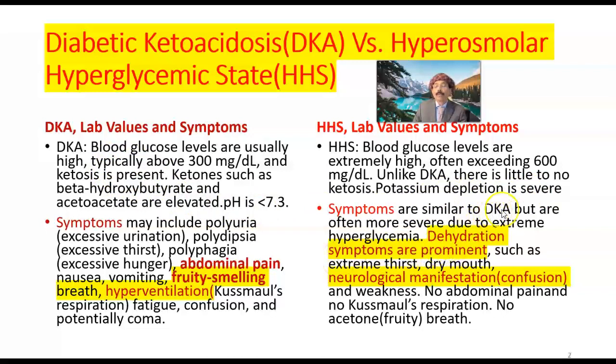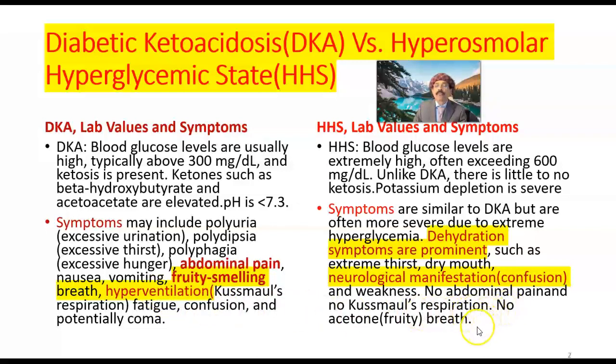Symptoms are similar to diabetic ketoacidosis, like polyuria, polydipsia, polyphagia due to extreme hyperglycemia, but we must emphasize that dehydration symptoms are prominent in HHS, such as extreme thirst, dry mouth, and neurological manifestations. Confusion and obtundation are very common in hyperosmolar hyperglycemic state. Neurological manifestation is less in diabetic ketoacidosis.